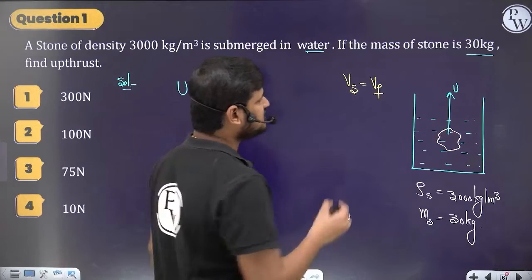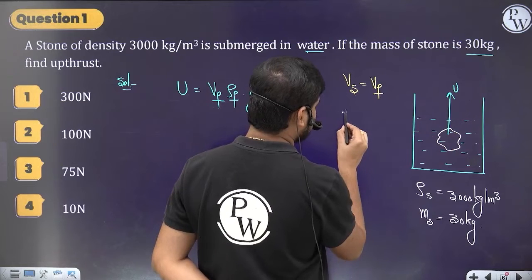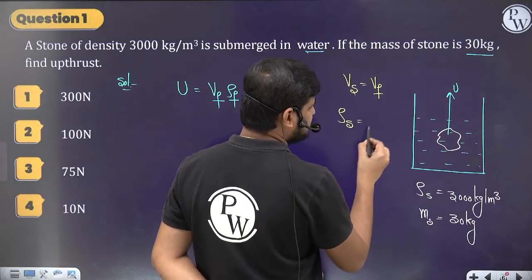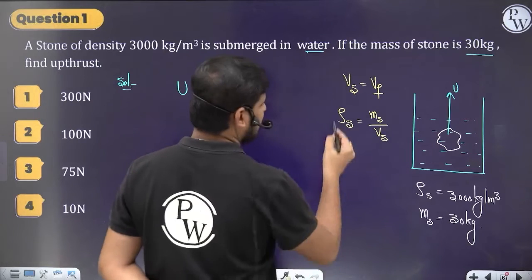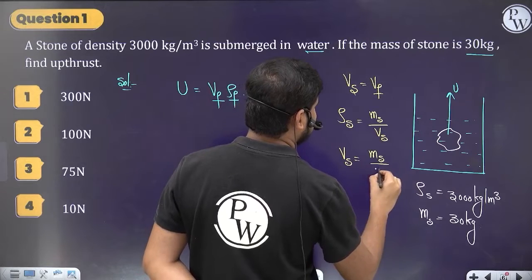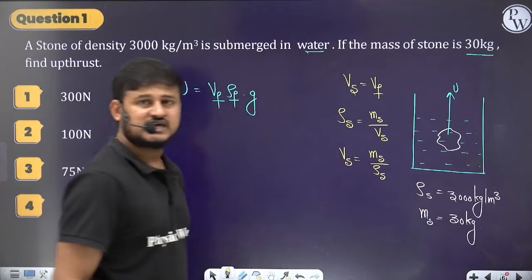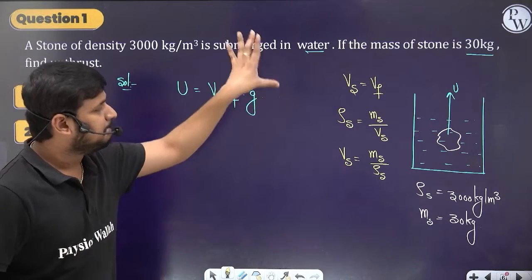So what is the volume of the stone now? I know that the density of the stone is equal to the mass of the stone by the volume of the stone. From here, the volume of the stone is the mass of the stone by the density of the stone. The terms might be confusing, but make them clear.